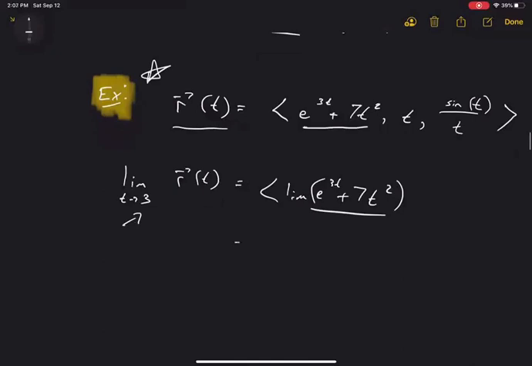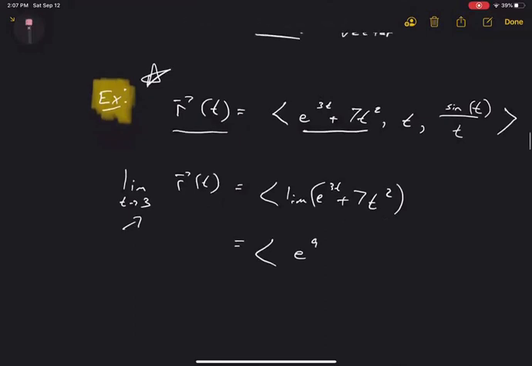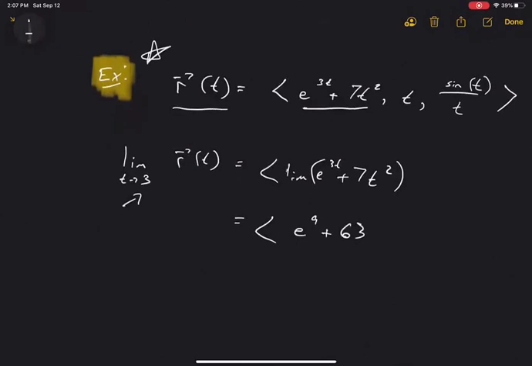So the limit of this thing is e to the 3 times 3, so e to the 9, plus 7 times 3 squared, so plus 7 times 9, plus 63. And now I'm looking at this second component here, t. What's the limit as t goes to 3 of t? That's really easy, right? The limit of that thing is just 3, again because this is a very simple continuous function.